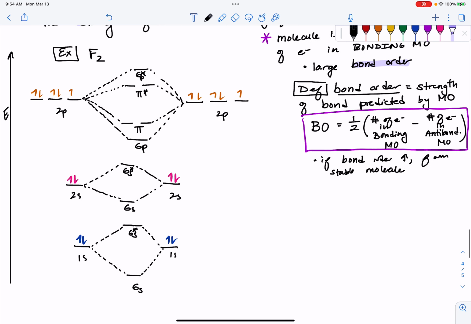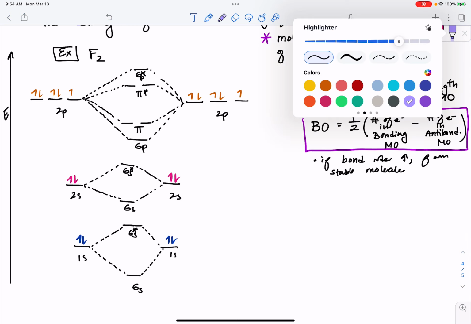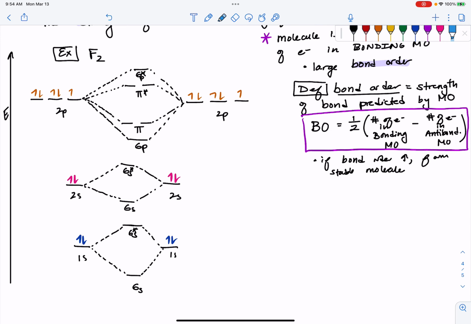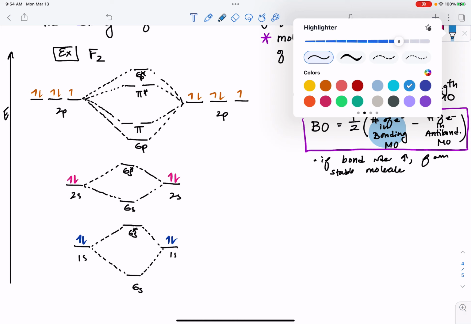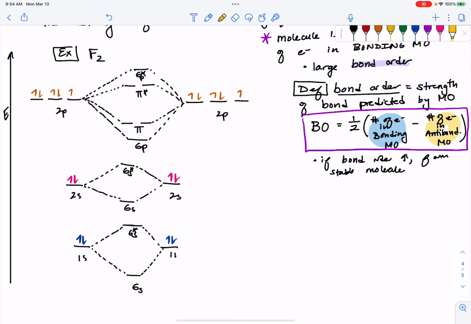So in order to do that, I need to figure out the number of electrons that are in my bonding molecular orbitals, and then I also need to figure out the number of electrons in my antibonding molecular orbitals. So if we looked at our electron placement, that was 1, 2, 3, 4, 5, 6, 7, 8, 9, 10, 11, 12, 13, 14, 15, 16, 17, 18.